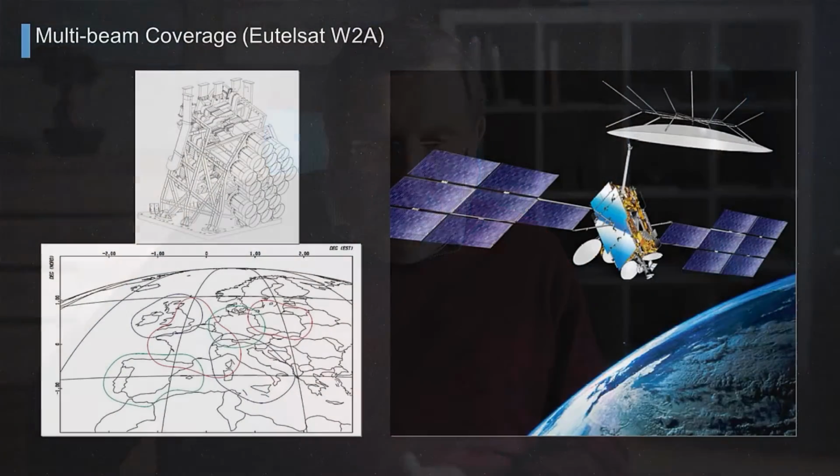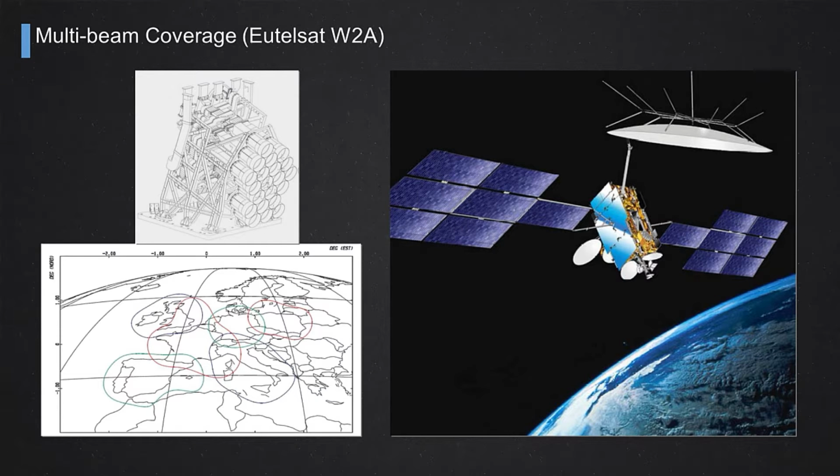And so in this case, I utilize multi-beam coverages. I need rather complex antennas, both on the reflector side, reflectors of relatively large size, and also an array of feeds such that I can generate these different beams over the Earth.